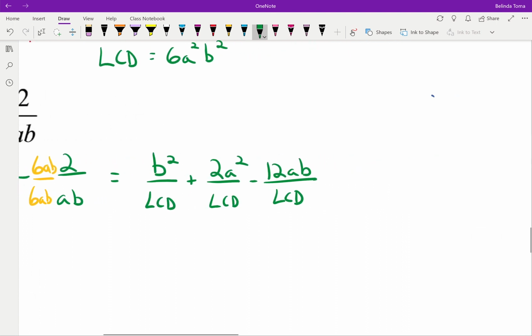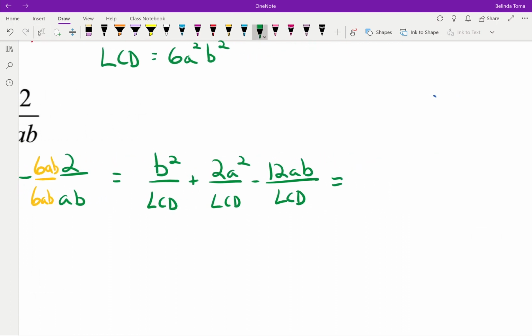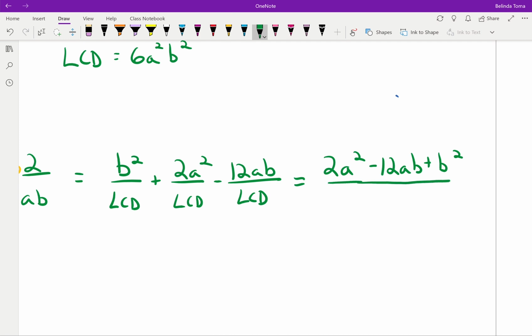So we're going to be careful here, and we're going to write this in a form that might enable us to factor: 2a squared minus 12ab plus b squared all over the common denominator, 6a squared b squared.